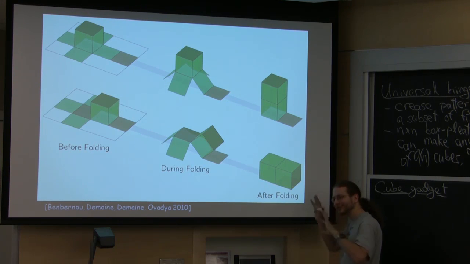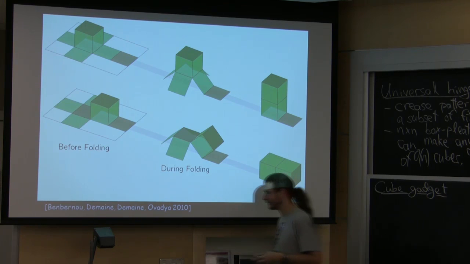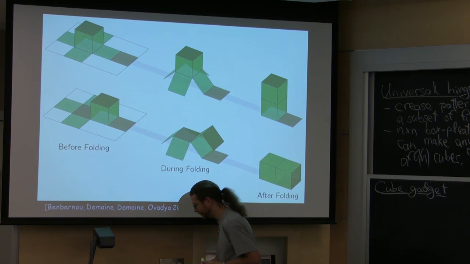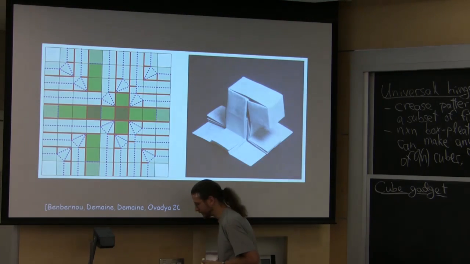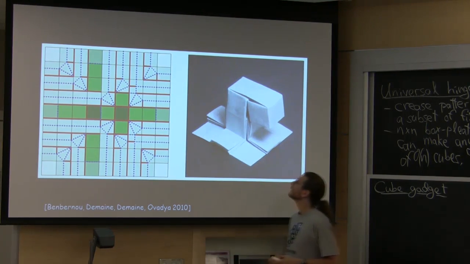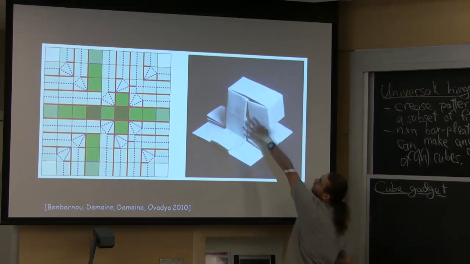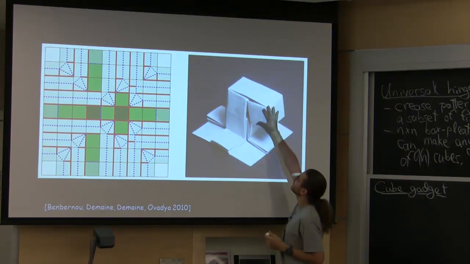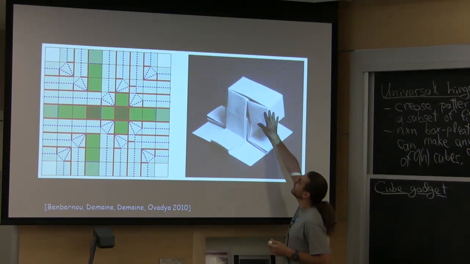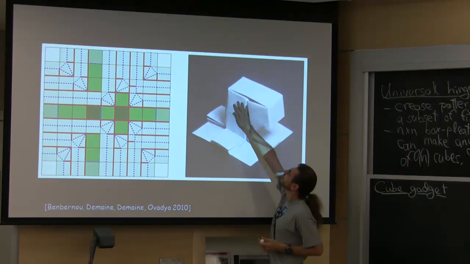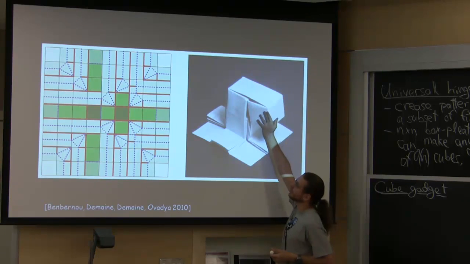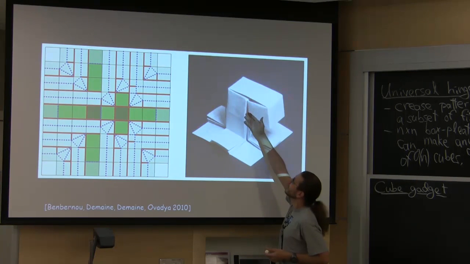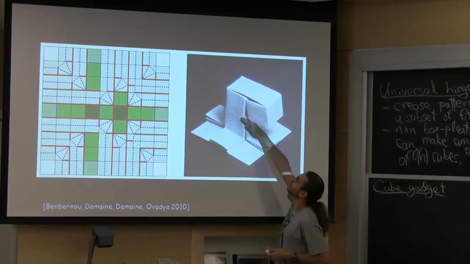So if I wave my hands enough, you might believe that it's possible to make anything in this way. Let me convince you a little more formally. Here's a real example. It gives you an idea of how you can make even overhanging cubes. All I did was initially I made this first cube, then I made this cube with this one attached to the side, just like the previous picture, and then I just made another cube right underneath that one.